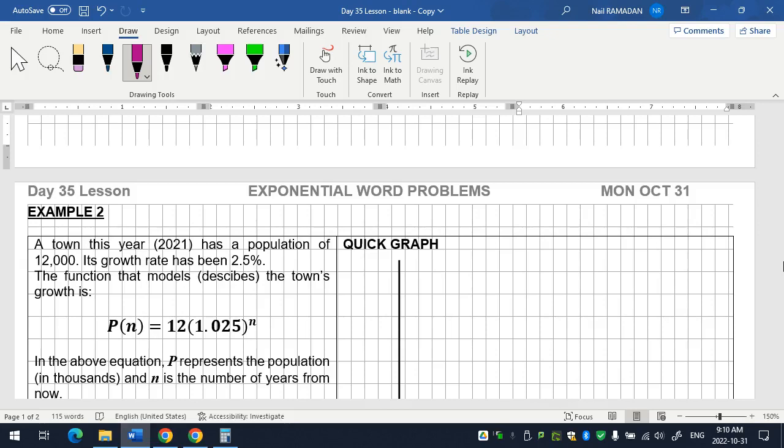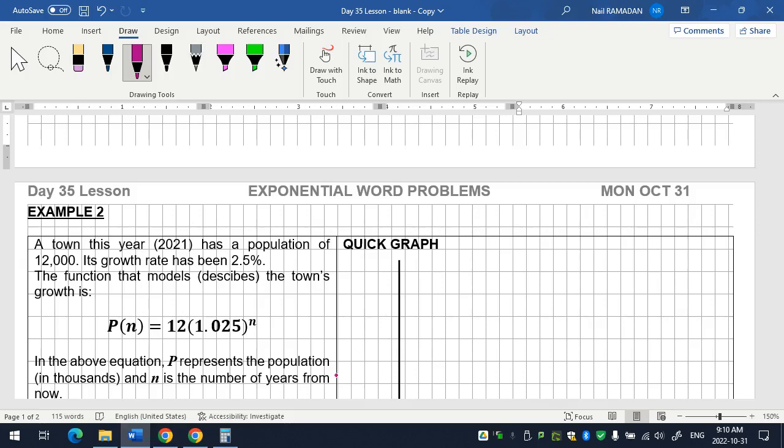The function that models, or describes, this should be describes, my bad, the town's growth is, by the way, how come the number is like that? Again, what is the rate? 2.5%. Everyone, what's 2.5% as a decimal? See, now we're doing the opposite. I want you to go from percentage to decimal. Do you multiply by 100 or divide by 100?